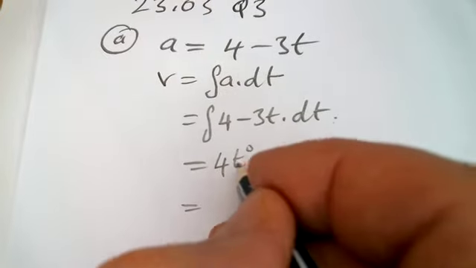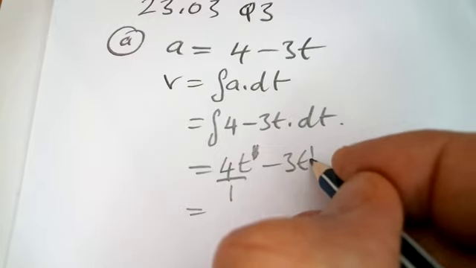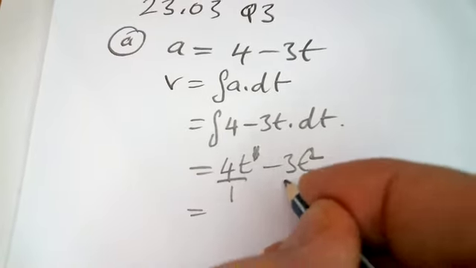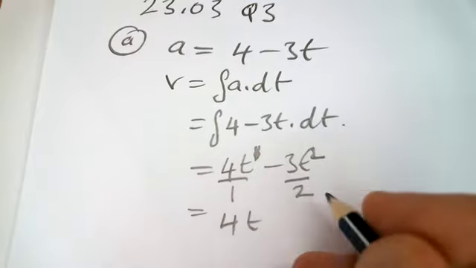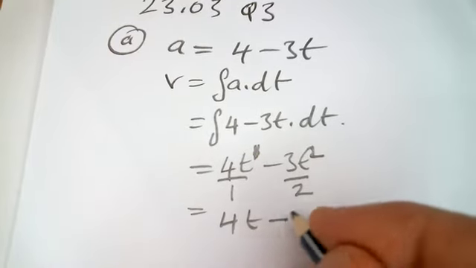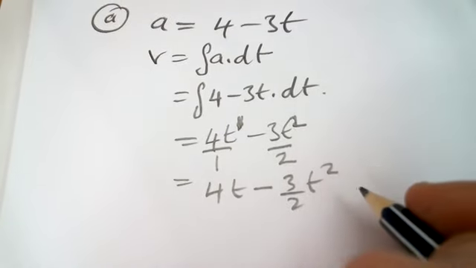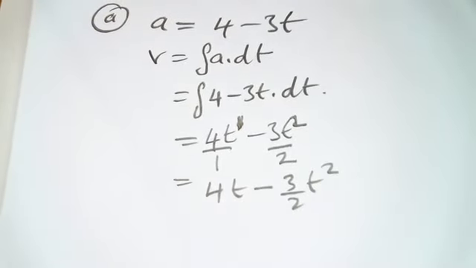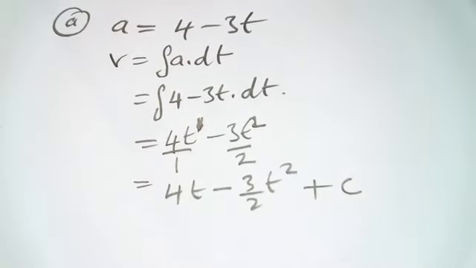So that 0 is going to become a 1 and divide by 1. The t here is going to become t squared, and we divide by 2. So we end up with 4t minus 3 over 2 t squared. Now we need to compensate for the fact there may be another element there, so I'm going to add plus c to the end.